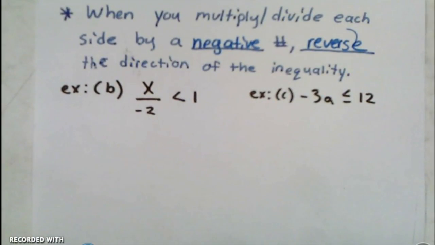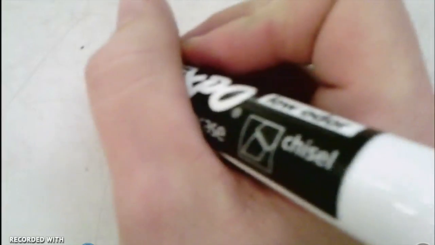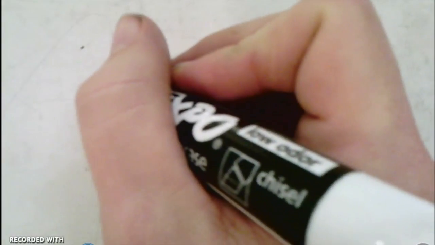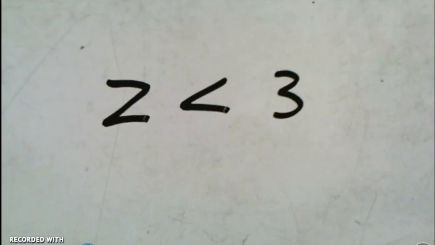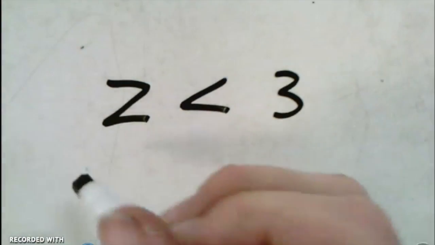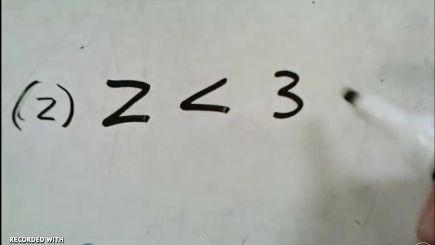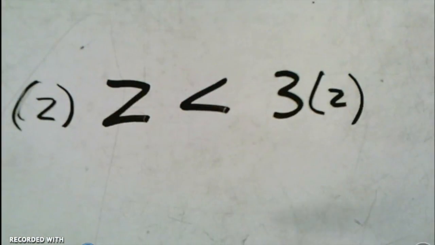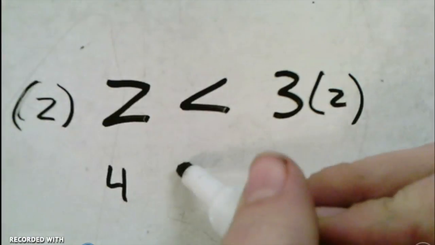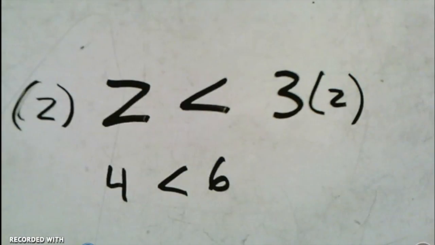So, let me show you why first, before we do that. Okay, so let's say that I'm going to pick a fact that's just obvious, okay? 2 is less than 3. Now, if I multiply each of these by a positive number, if I multiply 2 times 2 and 3 times 2, I'm going to get 4 is less than 6.